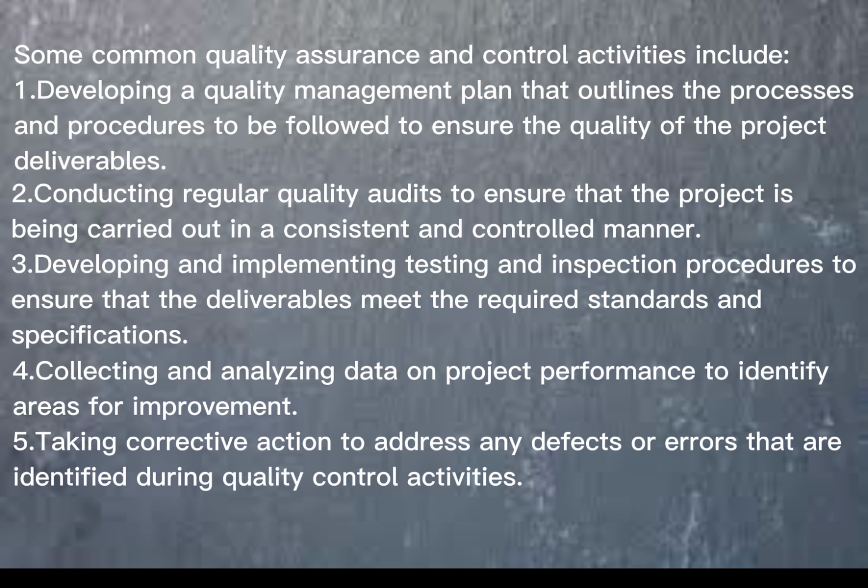Developing and implementing testing and inspection procedures to ensure that the deliverables meet the required standards and specifications. 4. Collecting and analyzing data on project performance to identify areas for improvement. 5. Taking corrective action to address any defects or errors that are identified during quality control activities.